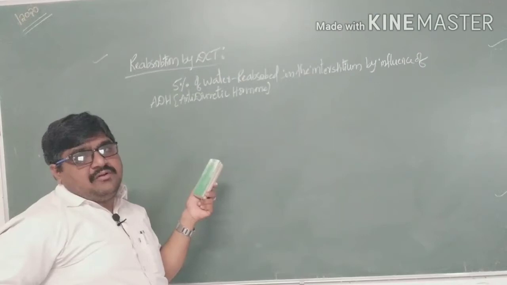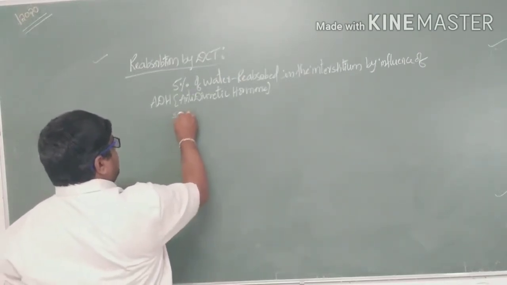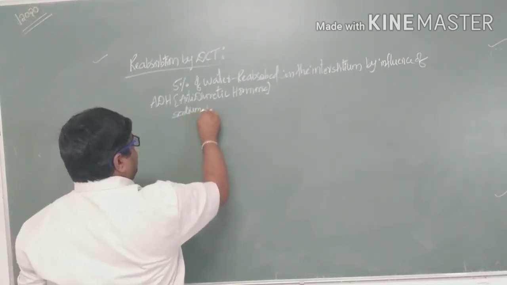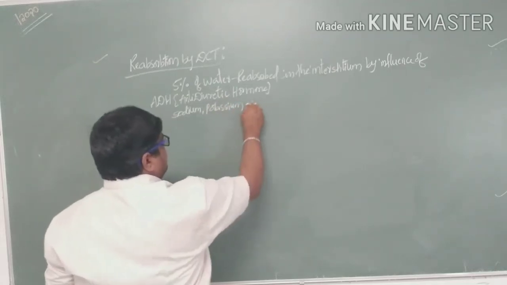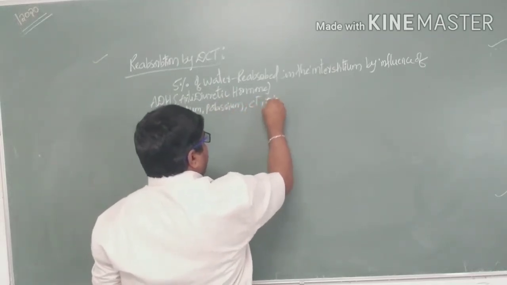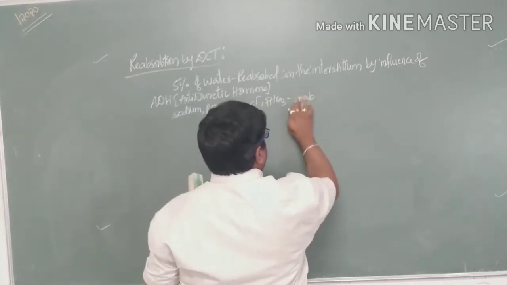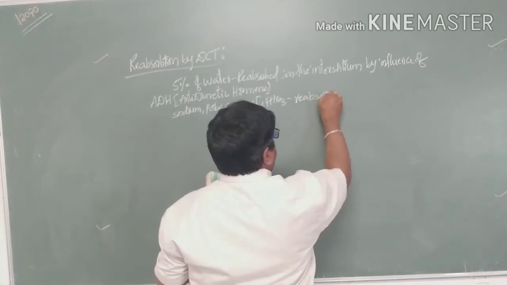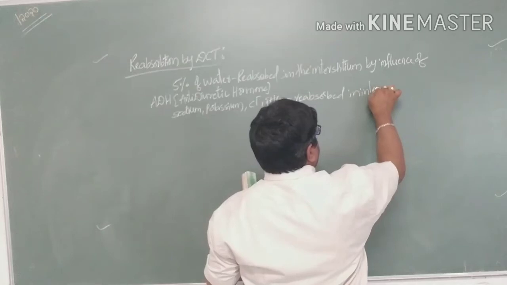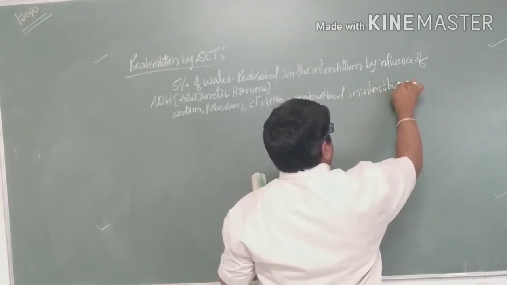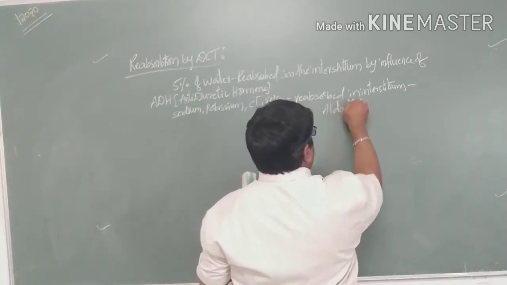Along with this, the sodium, potassium, as well as chloride ions and also bicarbonate ions are reabsorbed into the interstitium by the influence of the hormone called aldosterone.